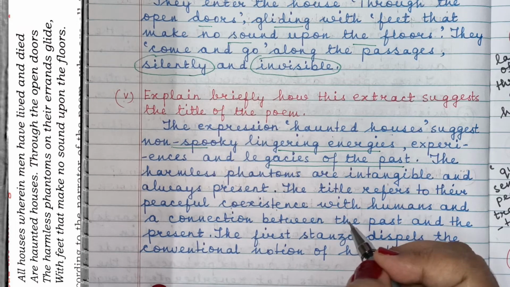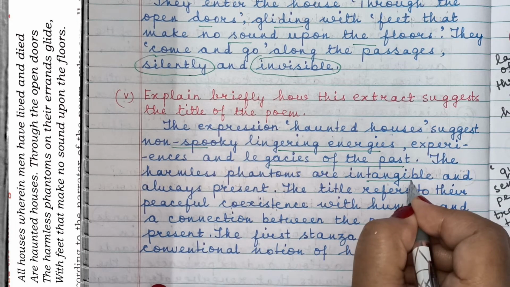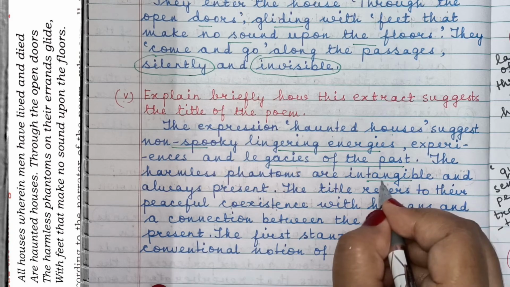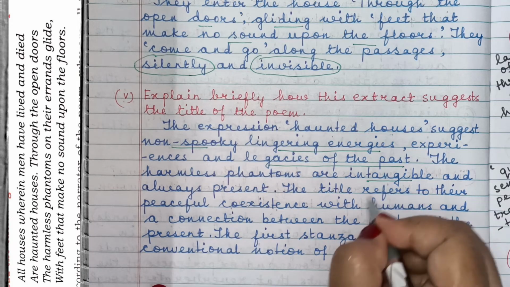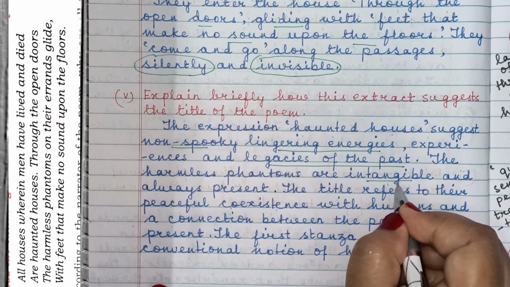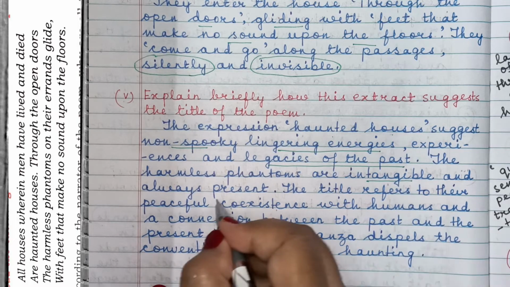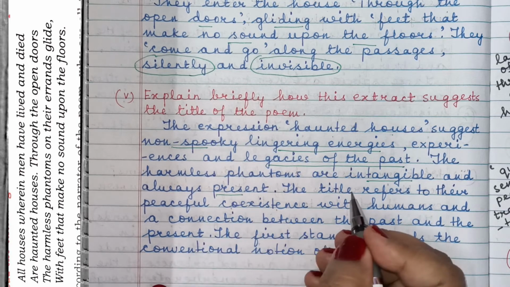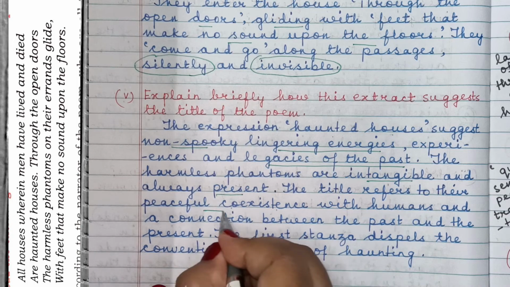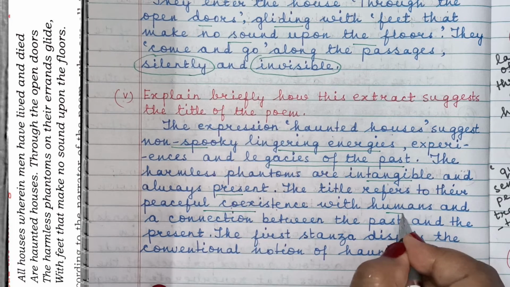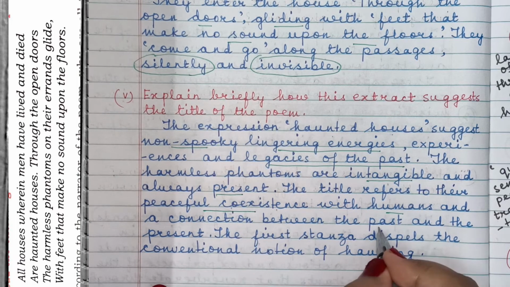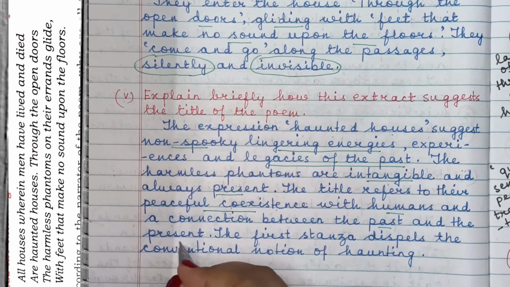The harmless phantoms are intangible, which cannot be perceived through our senses, and they are always present. The title refers to their peaceful coexistence with humans and a connection between the past and the present.